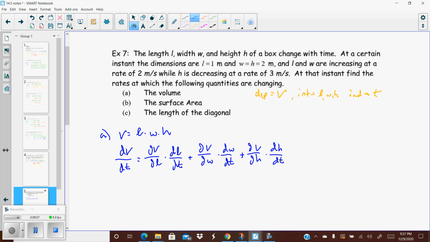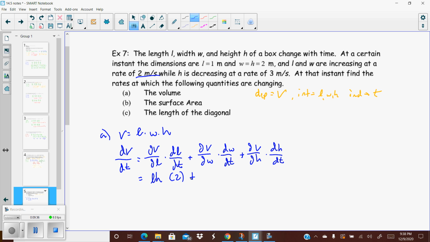Let's see. Partial of V with respect to W is going to be LH. The derivative of L with respect to t is just given to us. L and W are increasing at a rate of 2 meters per second, so that's 2.